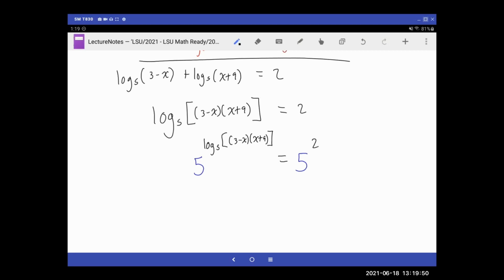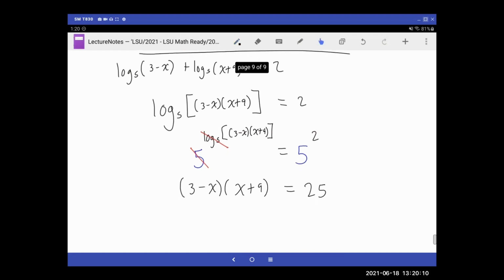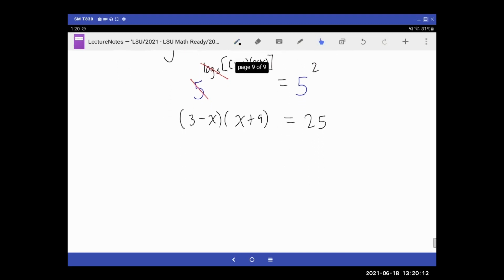That one's easier. Those cancel out to leave me with 3 minus x times x plus 9 equals 5 squared is 25. Distribute.